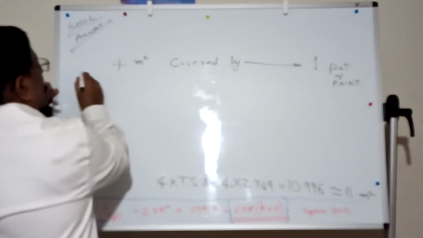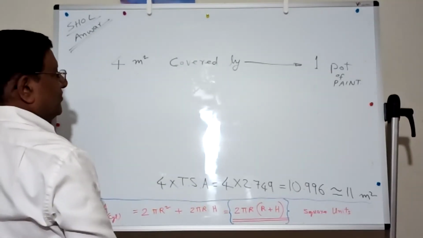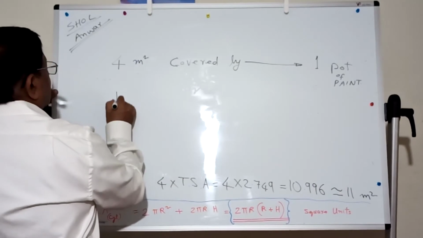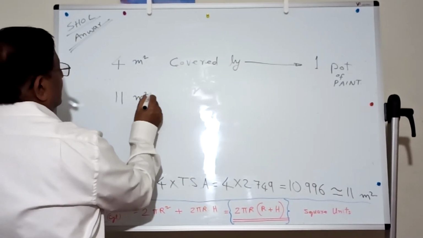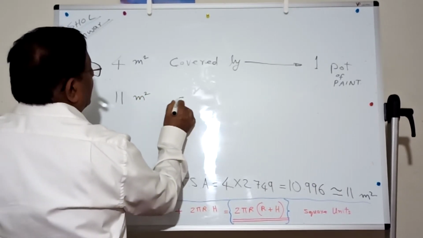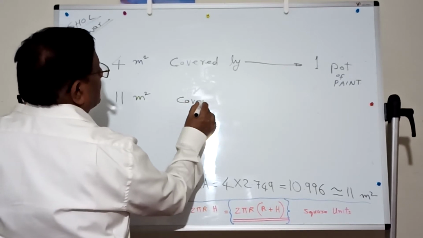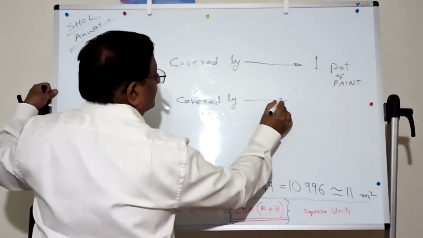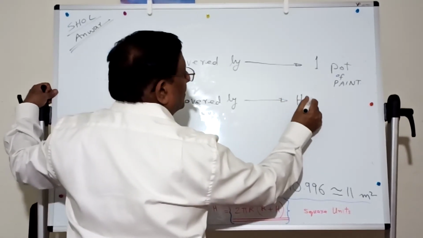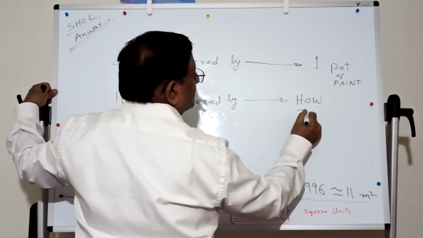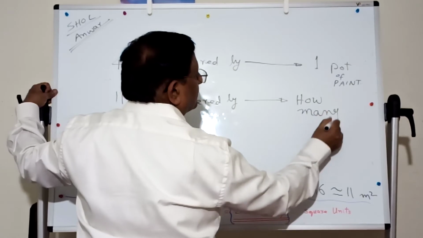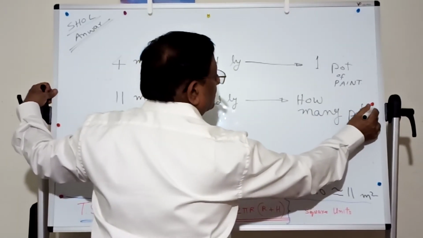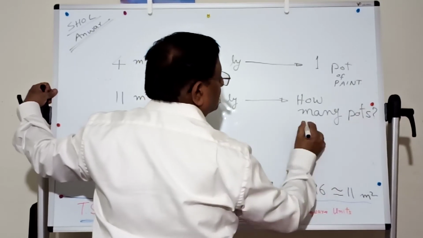That is, if 4 square meters is covered by one pot of paint, then this total 11 square meters is covered by how many pots? This is the question.